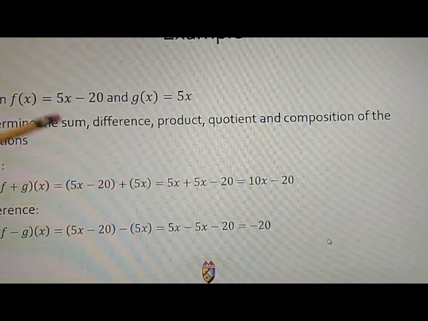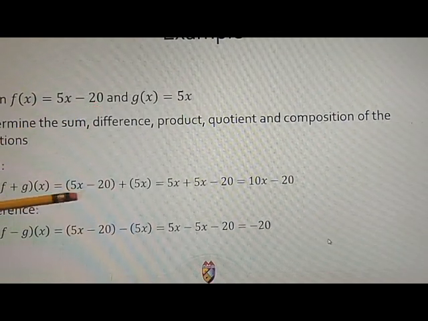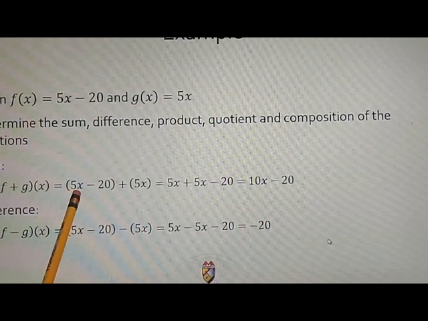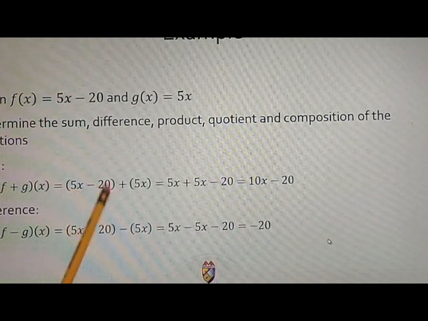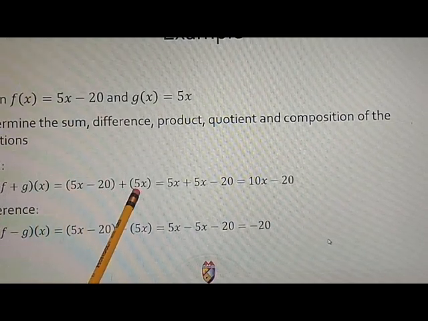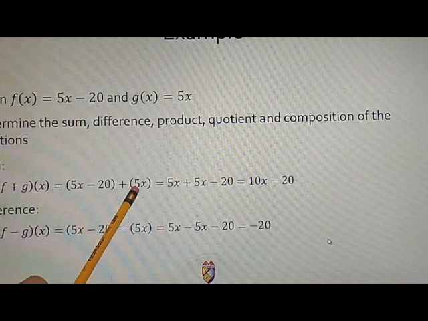Okay, so since f of x is equal to 5x minus 20, eto yan. Okay, the first parenthesis here, 5x minus 20. So that is f of x plus, okay, plus g of x, or the value of g of x. Kaya siya merong 5x.